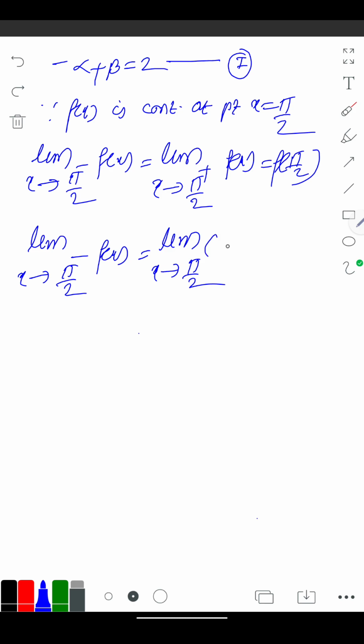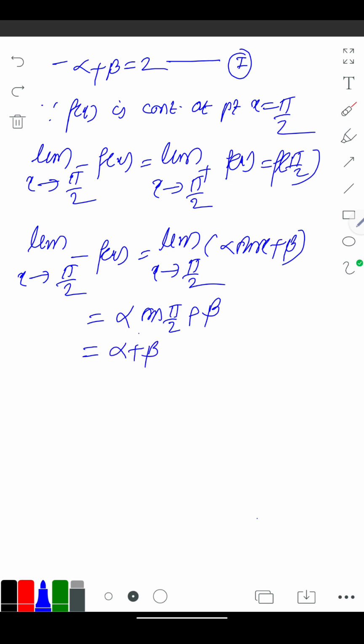So we write alpha sin x plus beta, and here we put limit alpha sin pi by 2 plus beta, which is equal to alpha plus beta. This is the left hand limit.